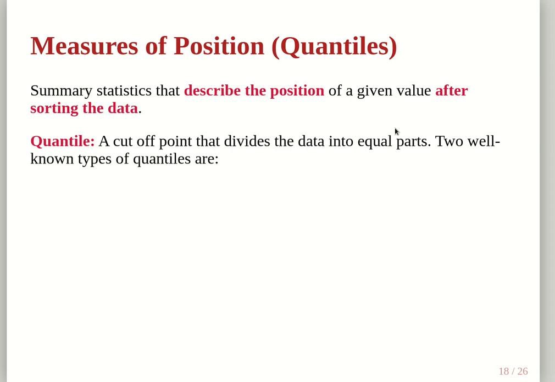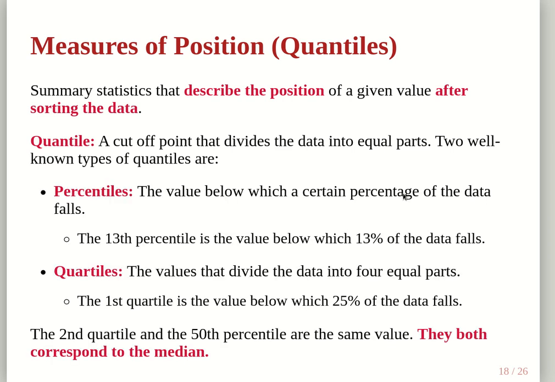So there are two very well-known types of quantiles that I'm sure you have been exposed to before. Percentiles are a type of quantile that split that space into 100 locations, such that each percentile, so the first percentile, the second percentile, third percentile, up to the 100th percentile, allows us to identify what is the value below which a given percentage of the data falls.